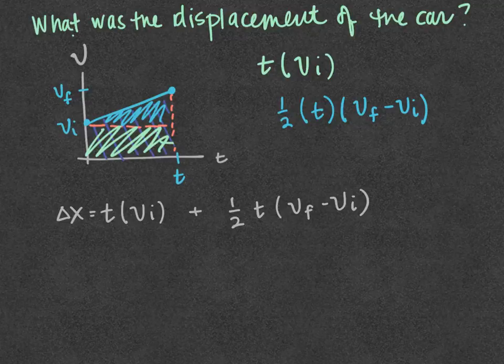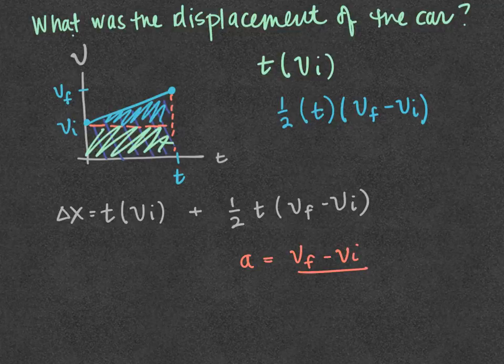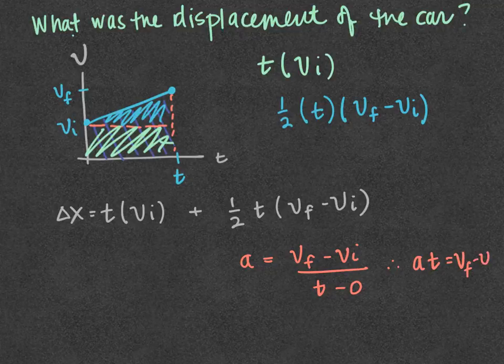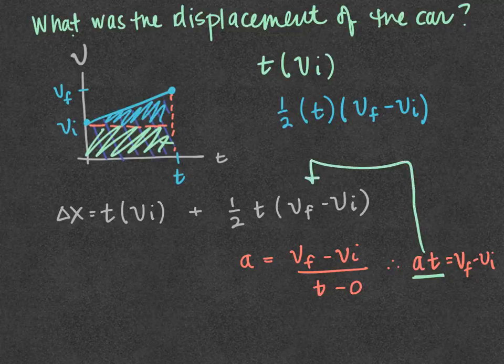So if acceleration is the final velocity minus the initial velocity over the final time minus the initial time, then that would mean that if I multiply both sides by time, the acceleration times time would be equal to the final velocity minus the initial velocity.